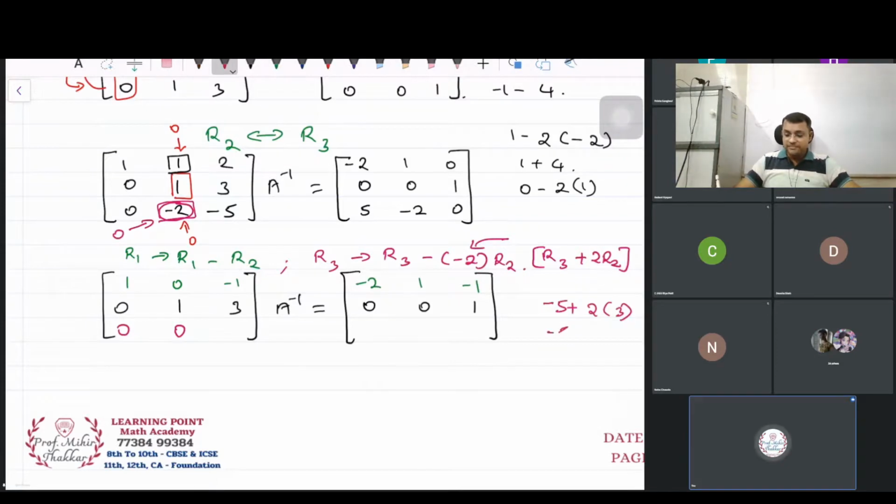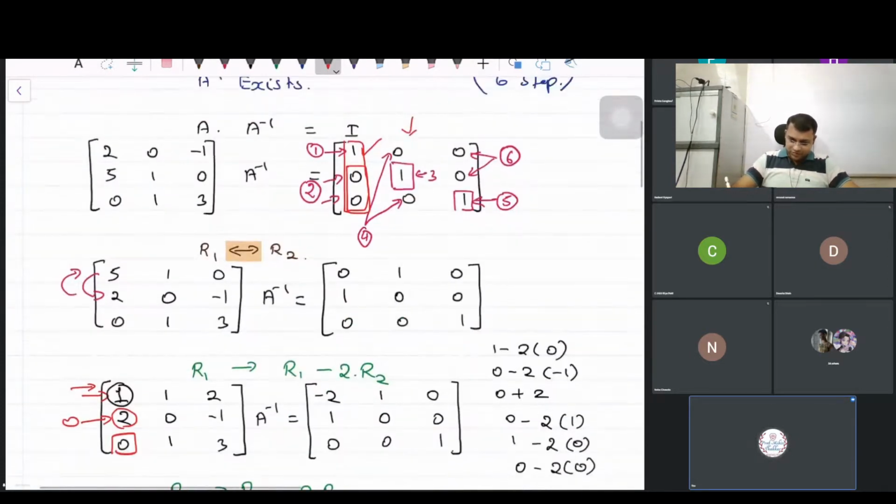So minus 5 plus 6. And what is it? 1. So guys, if you see something, we are ready with this. We are ready with this. And the best part is that we are also ready with 1 in this position. See, can you see this? Identity matrix. Let me show it to you. Look here.